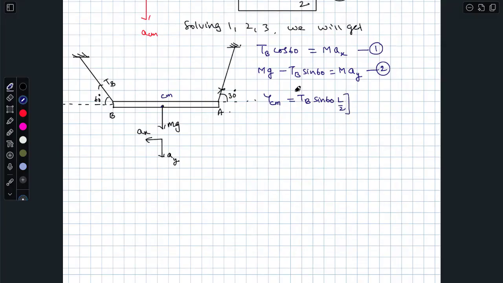That is the torque, and that is equal to I alpha. So TB root 3 L by 4 equals I about center of mass, ML square by 12 alpha, right? So finally TB is ML alpha by 3 root 3.